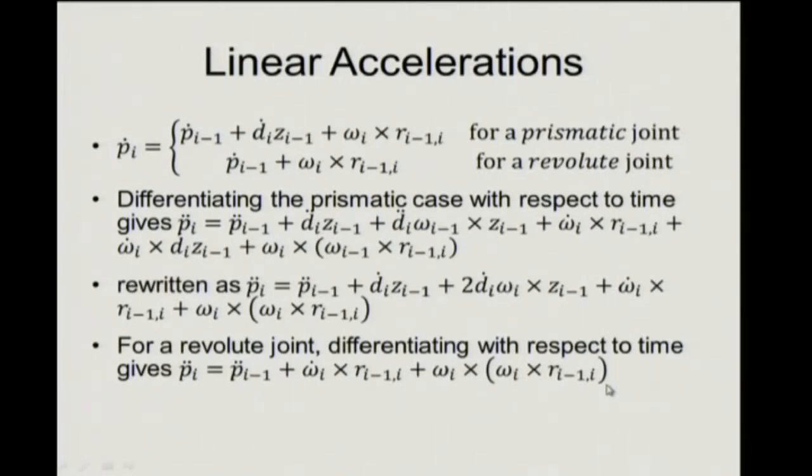Now, we had defined p I dot as this term for a prismatic joint and this for a revolute joint. If you take the prismatic case and take derivatives, you will get a second derivative here, d I double dot z I minus 1, and then when you differentiate this term, I have it wrong, I have to fix this.